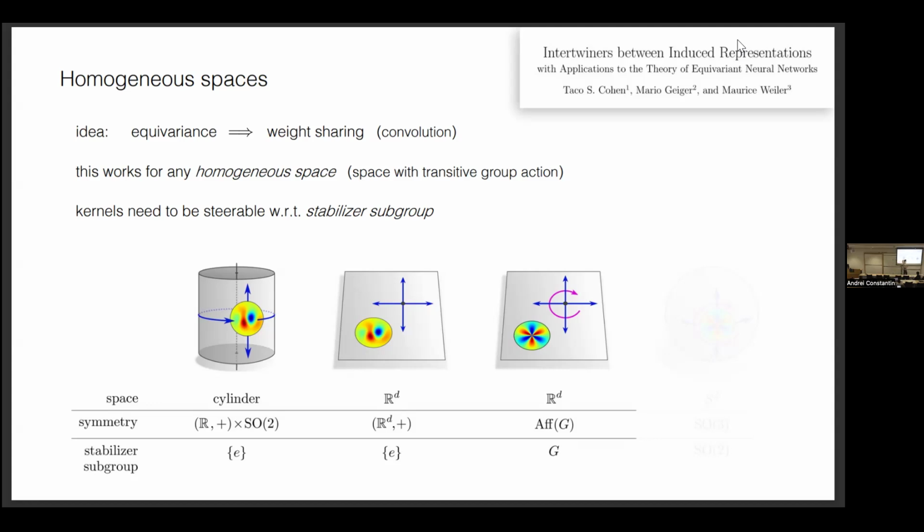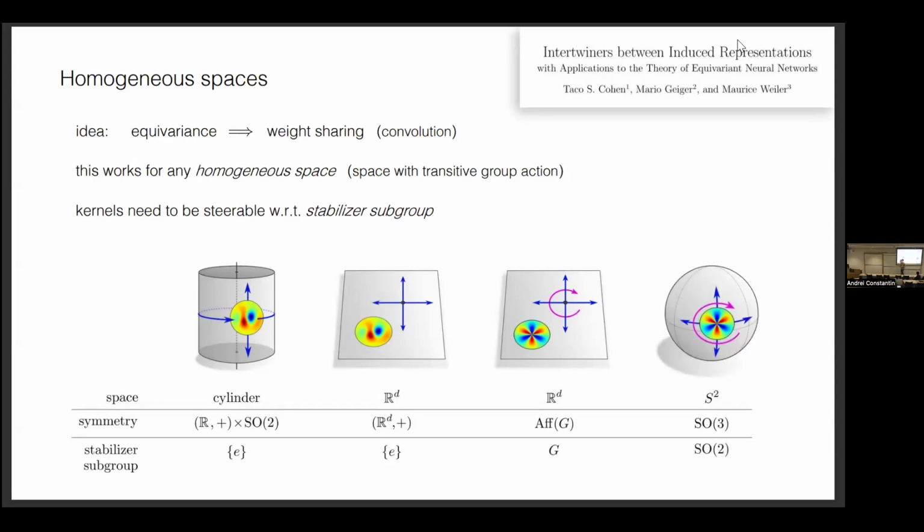So let's say we have, for instance, S2, the two-sphere, and we want a neural network which is SO(3) rotation equivariant. If we take our feature field on the sphere and rotate it around, then we want to commute with that. In that case, SO(3) has a stabilizer subgroup SO(2) on the sphere. Just imagine you take the North Pole, then you have rotations around the North Pole in SO(2), which fix the North Pole. And that implies that you need SO(2) rotation steerable kernels to implement that.